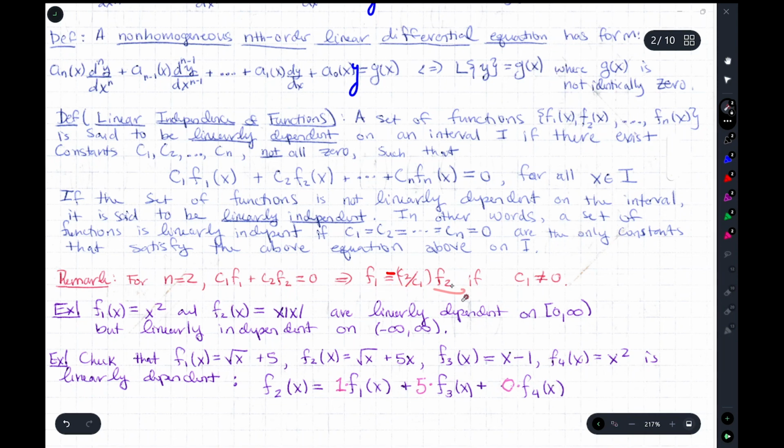But the important thing to notice is that in this case of n equals 2, when the functions are linearly dependent, one function could be written as a constant multiple of the other. With n greater than 2, you also get sums in there, but the general gist of a lack of additional information is there. Okay.